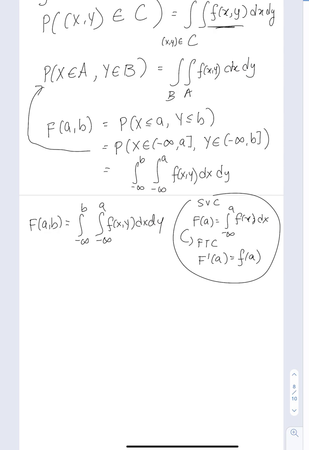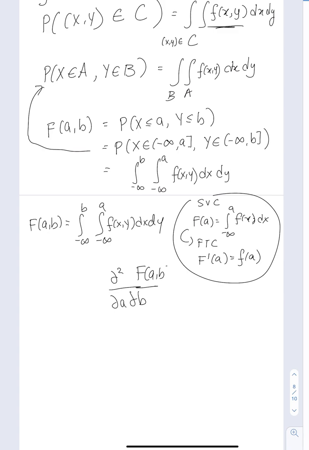So here's a relation between the cumulative distribution function and the probability density function. This is how you get the joint CDF from the joint PDF. But what about the other way? What is the other relation between these? Well, if you take this capital F and differentiate it partially with respect to b and then with respect to a, because it's a function of multiple variables, we're doing partial derivatives.